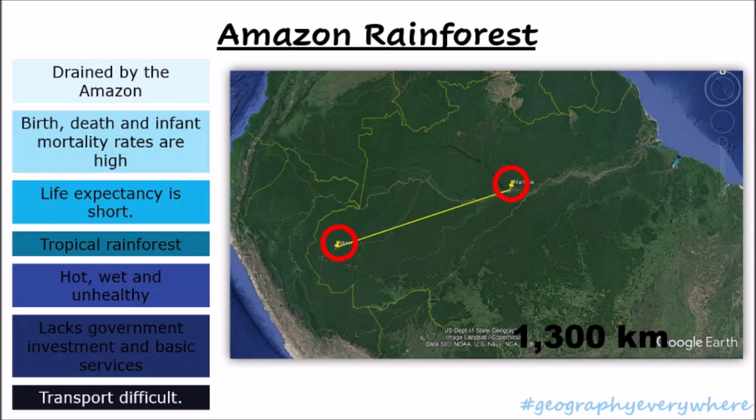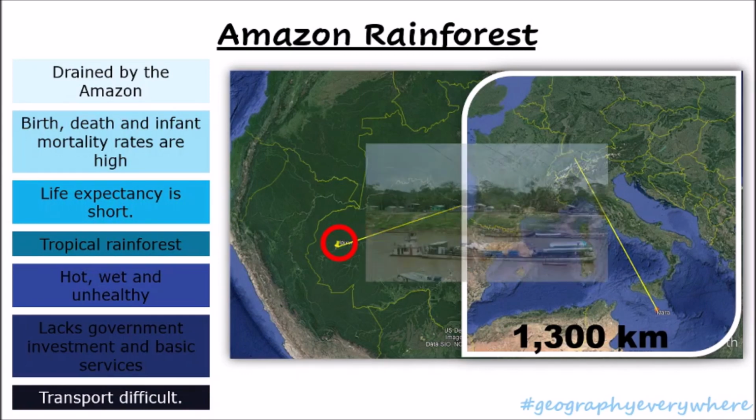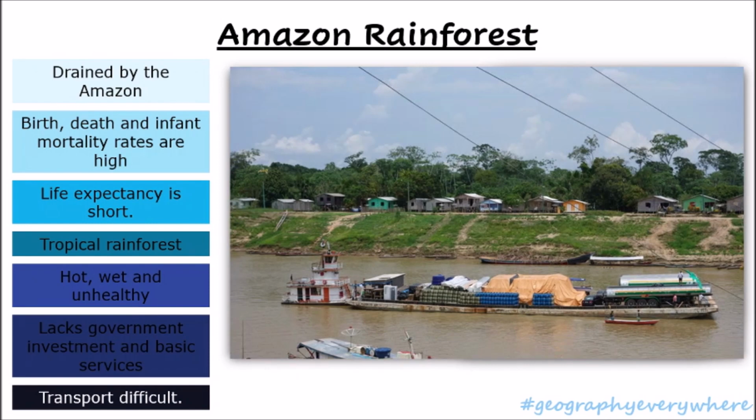The distance between the city of Manaus and the small village of Ipixuna is similar to the distance between Malta and Switzerland. For someone to get from Manaus to Ipixuna, you need to catch 2 flights and an hour bus ride. During the dry season, barges like this transport fuel and non-perishable foods from Manaus to Ipixuna.